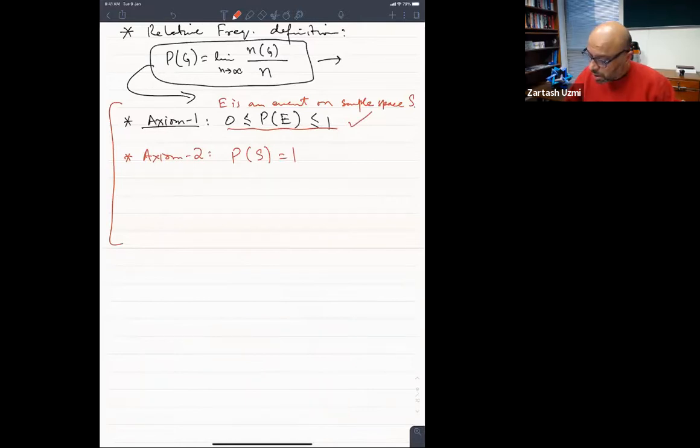Makes sense? दूसरा axiom क्या कह रहा है? दूसरा axiom is saying कि the probability that something will occur if you perform the experiment, कोई outcome आएगी उसमें से, is 1. And we say that an event occurs when any of the outcome contained in that event occurs. Since everything is contained in S, so that means कि जब experiment perform करेंगे कोई ना कोई outcome तो आएगी. So the probability of S is 1.